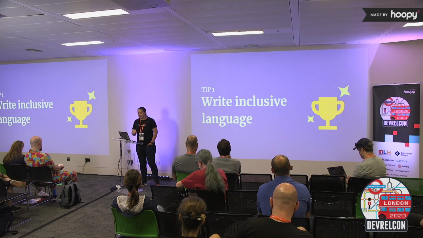It's important to start by talking about inclusive language. Inclusive language avoids biases, slangs, or expressions that discriminate against groups of people based on race, gender, socioeconomic status, and everything else, basically. It also avoids language that is ableist or discriminatory against disabled people.